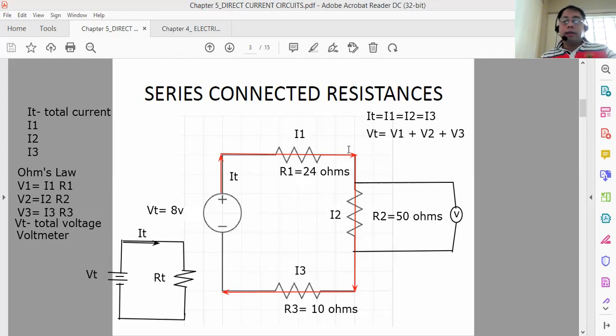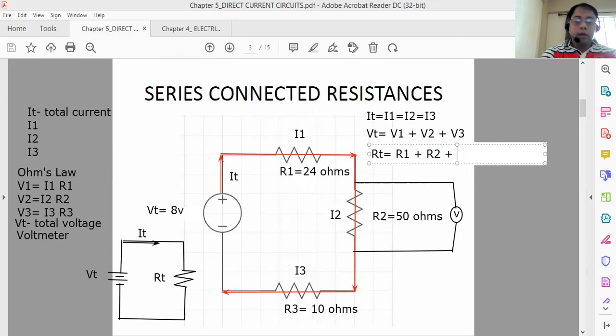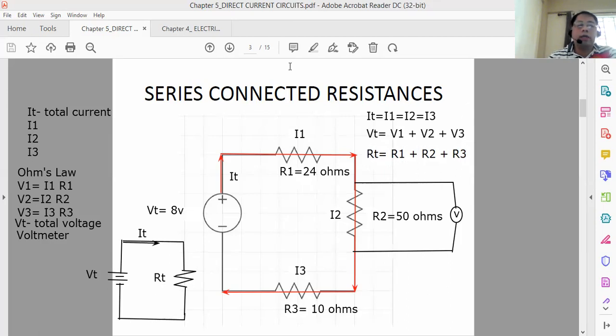Now, with that idea, our total resistance, R sub T, is simply R1 plus R2 plus R3. If there are more resistances connected in series, then you just add them to the equation here. So these are the three governing principles in series connection.